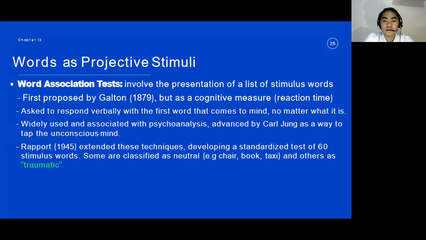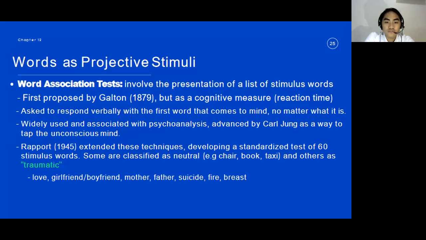And then we have the dramatic ones like love, girlfriend or boyfriend, mother, father, suicide, fire, and breast. For some people, if they had a conflict with father, they might say "angry," and that might tell me a little bit about their life.